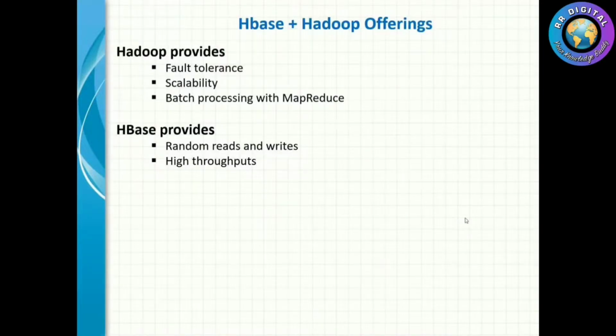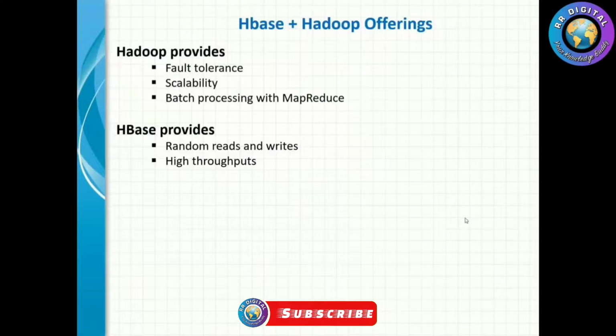Also high throughput, which means a large number of records it will insert in less time. It will not take more time to insert more records. See, basically Hive takes more time, but HBase will insert your data very fast. That is called high throughput.